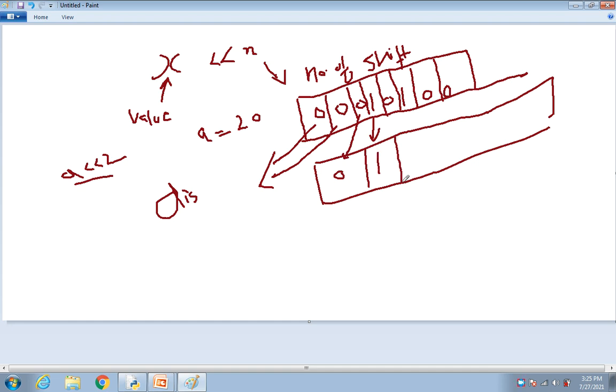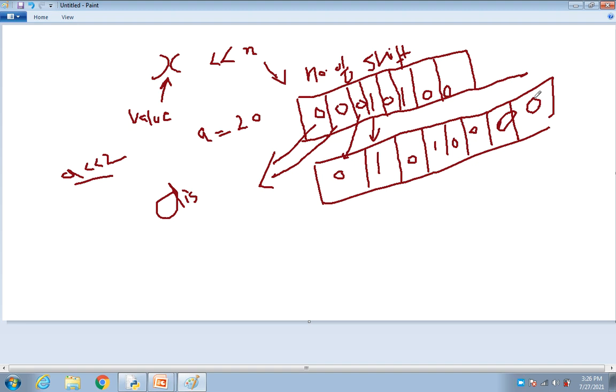Then you shift this 1 over here. Likewise you do all the shifting. Now 2 spaces are left, so we'll add zeros over here.